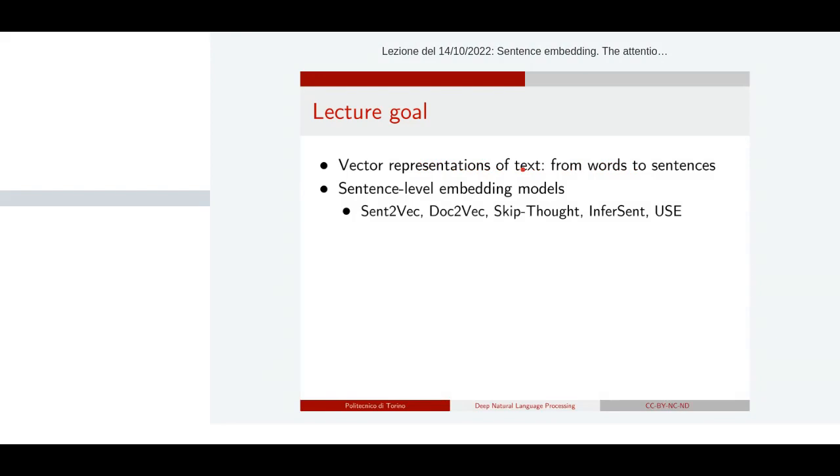So there are still some open problems that we are not capable of solving using sentence embedding, but we will try to address them next week by introducing contextualized embeddings.